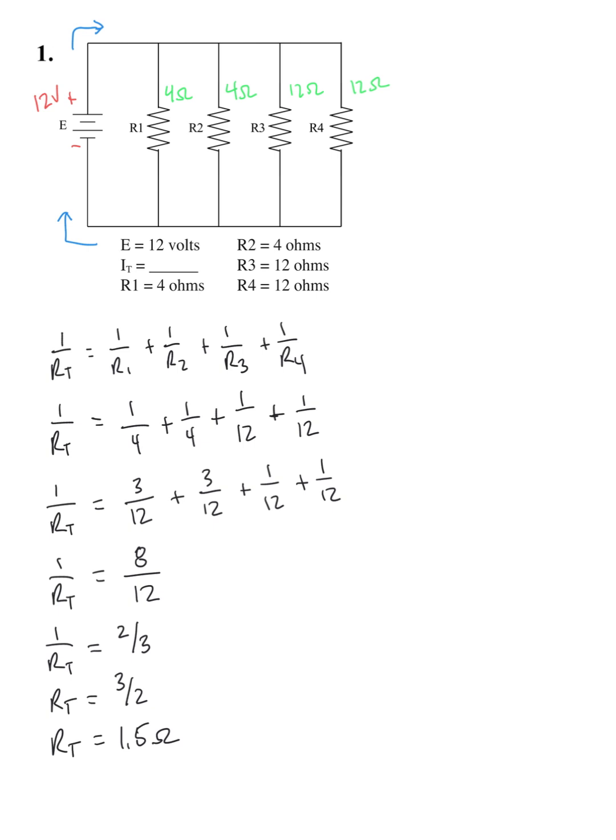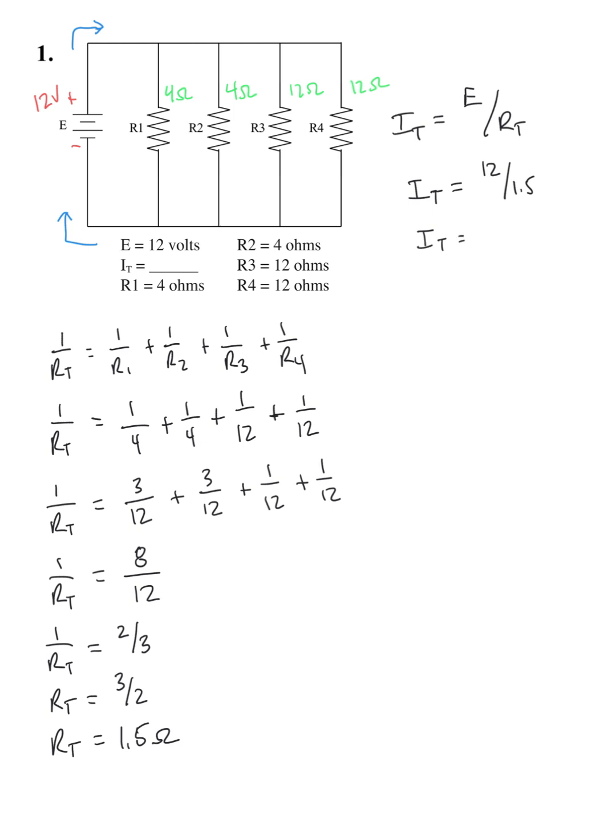Now, once we've done that, we have to still solve for the current now that we know what the resistance total is. So again, we would go current is equal to, this would be our total current, right? Over our voltage divided by resistance total.